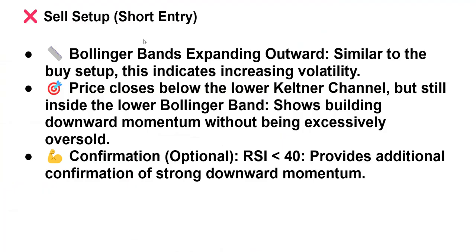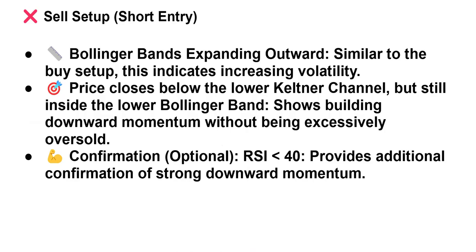Okay. Next is the sell setup. For the short entry, what are you going to see? You are going to see Bollinger Bands expanding outward. On the opposite side of the buy setup, where you see expansion to the upside, here the Bollinger Bands start expanding outward similarly. This indicates increasing volatility.